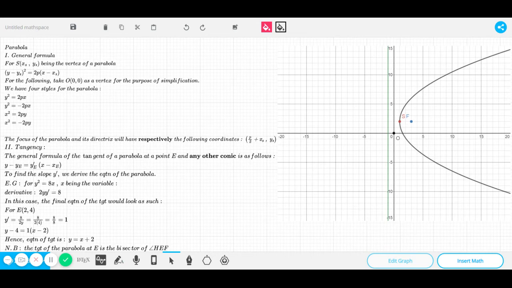So what if the general formula had x squared and not y squared? It would turn things around. I have already explained this. Let us take this example: we square x rather than y, and the coefficient 2p is positive. The coordinates of the focus of the parabola would be x of s and p over 2 plus y of s.